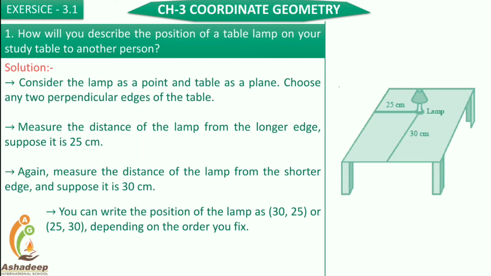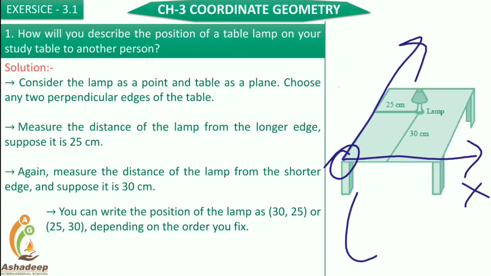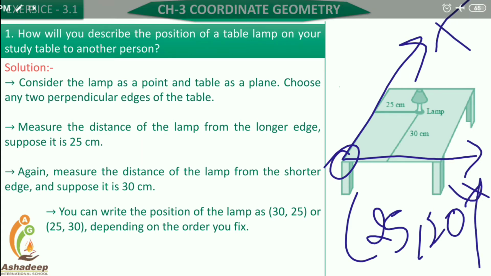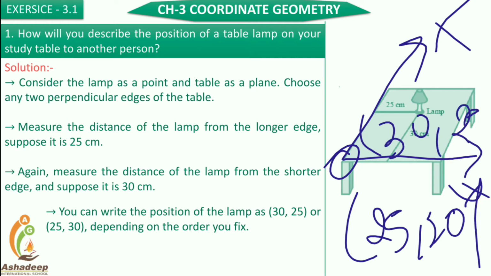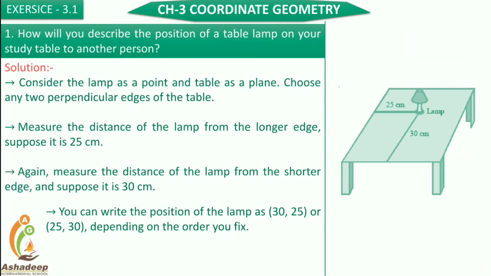So it depends on you which reference point you take. If I consider this as a reference point, now I have to consider the axes. If I take this as the x-axis and this as the y-axis, the answer will be 25, 30. If we take it the other way, this as the y-axis and this as the x-axis, then the answer will be 30, 25. Clear? Okay, now let's move.